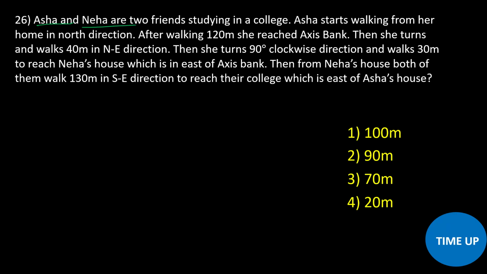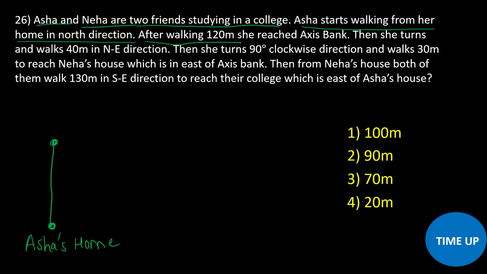Asha and Neha are two friends studying in a college. Asha starts walking from her home in north direction. This is Asha's home. She walks in north direction. After walking 120 meters, she has walked 120 meters from her home in north direction.